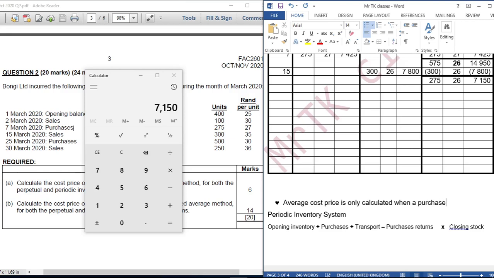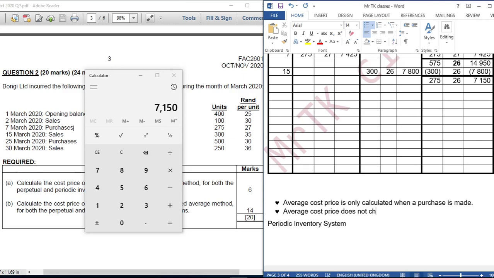Average cost price does not change when inventory is sold.